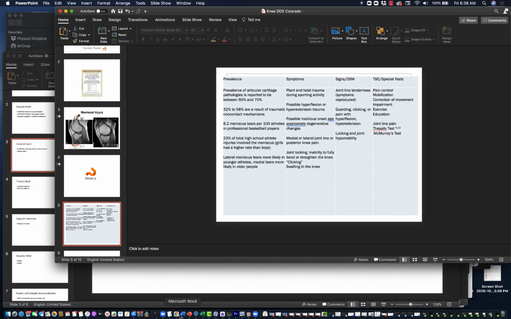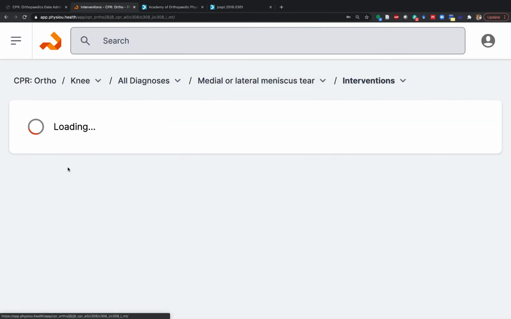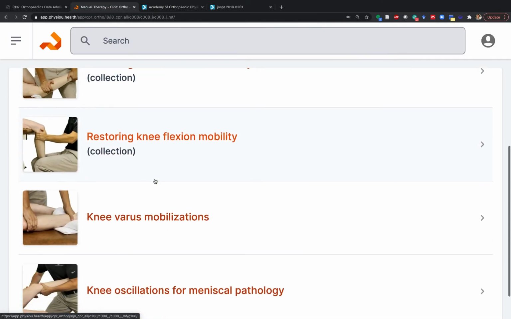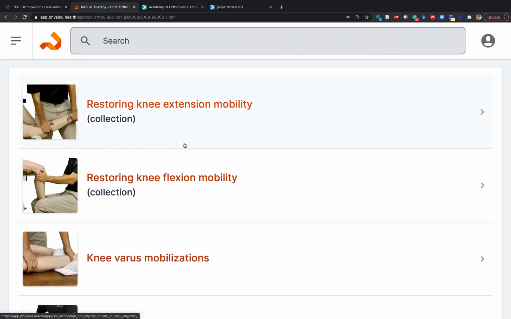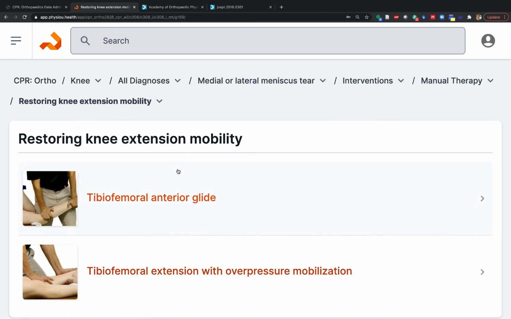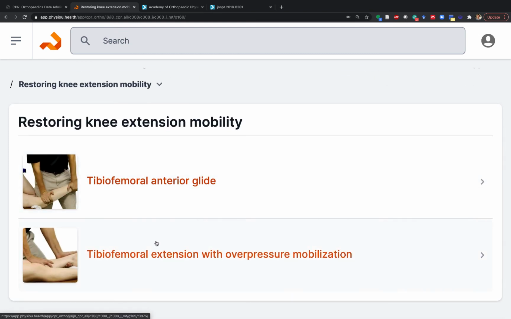So if I go back to here, from a manual therapy perspective, right, I may choose to restore mobility. So all of these techniques that you're going to learn in lab, anterior glides, tibiofemoral extension with overpressures, all of these different techniques are to address that primary key impairment.